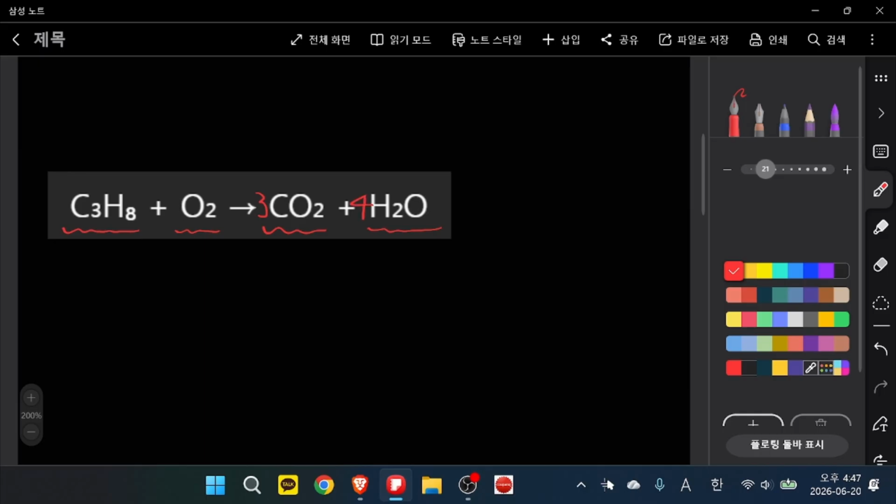Now check oxygen. On the right side, 3 CO2 gives 6 oxygen atoms. 4 H2O gives 4 oxygen atoms.